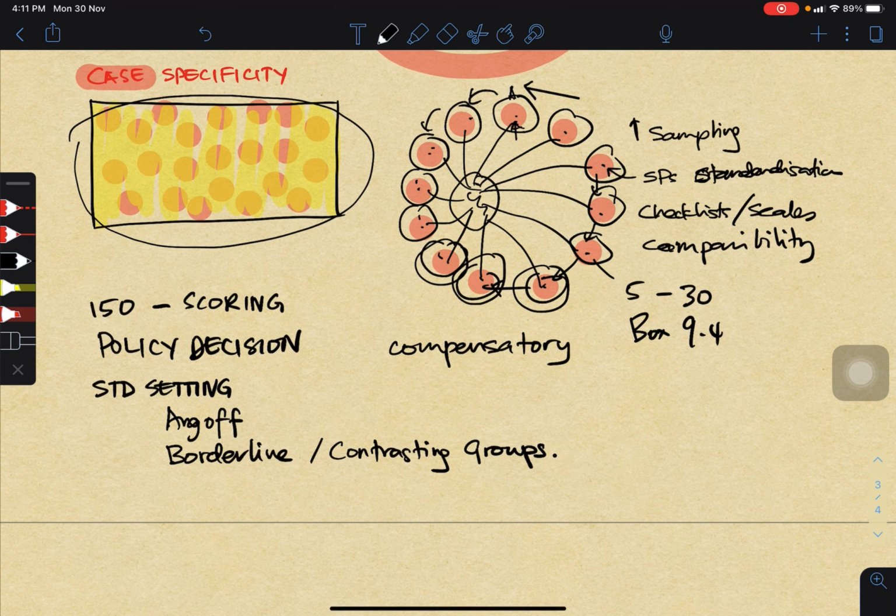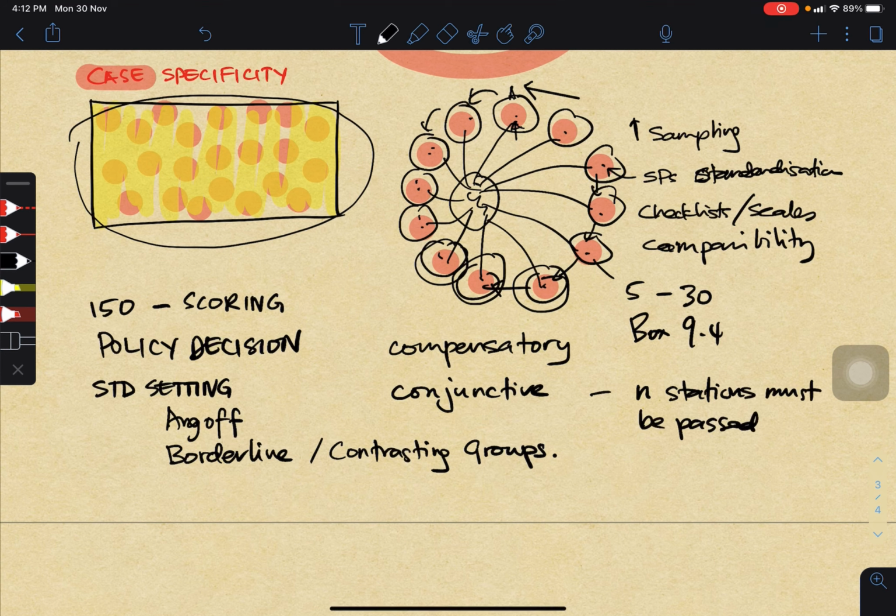Right, but if you want a conjunctive standard, conjunctive meaning you must pass A in conjunction with B, in conjunction with C, so they cannot help each other. So conjunctive standards can be in a form where a specific number, n stations, must be passed.